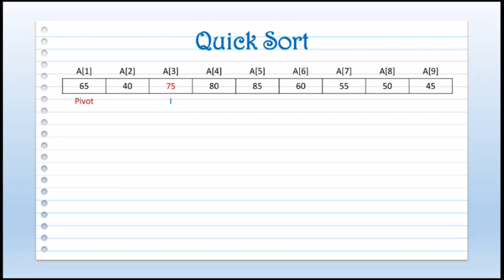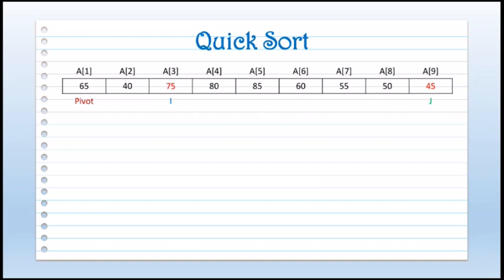So here we will consider the j element on the right hand side. So this element will be compared with pivot element, but here we have to find if the element is less than the pivot element. So 45 is less than pivot element. This condition is true. That means we will stop comparing here itself.